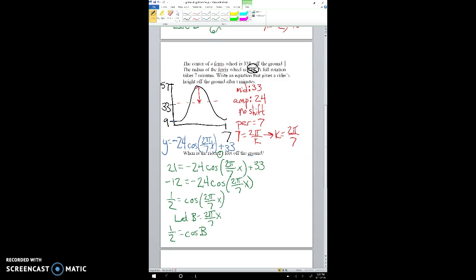Again, just like the previous example, you can look on the unit circle. The x-coordinate is equal to positive 1/2 when b equals pi over 3 and 5 pi over 3. Then you just plug back in for what b stood for. 2 pi over 7 x equals pi over 3. To solve that, you multiply both sides by 7 over 2 pi.